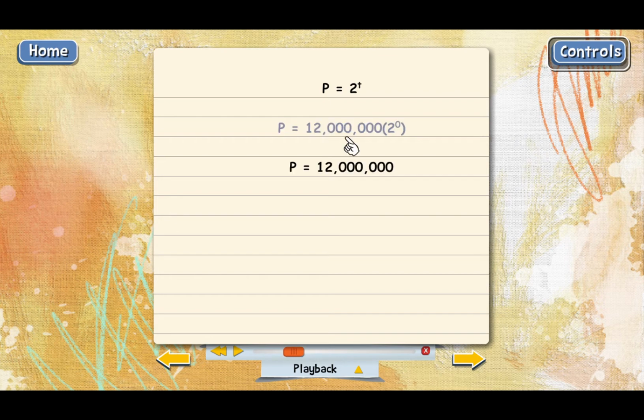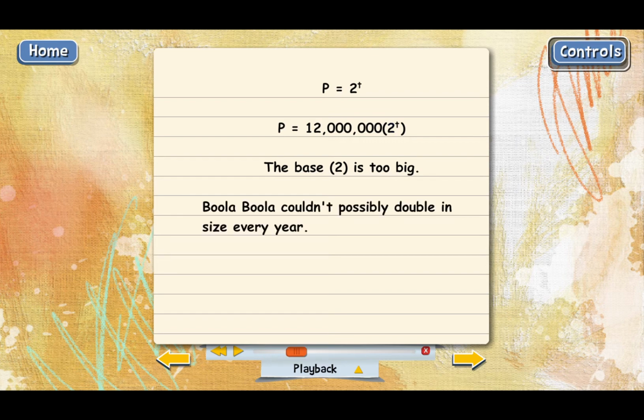But this function right here still isn't exactly right, because this base of 2 is actually too big. Remember from the last lesson, when you have a base of 2, that means the function doubles every year. And so that would be extremely rapid growth for a country. If a country were growing that fast, then it would end up being the biggest country in the world in no time.